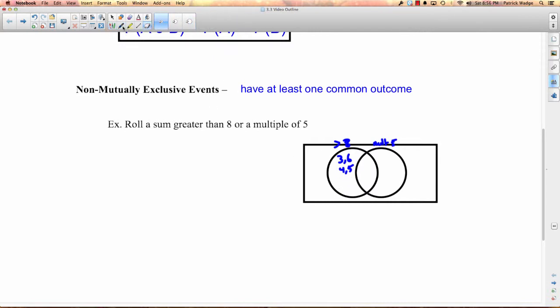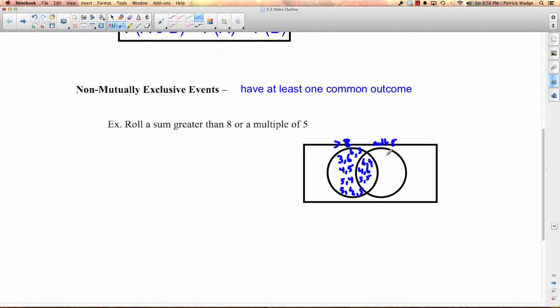So I'll put that in here, the 4 and the 6. Okay, 5 and 4 will work. 5 and 5 will work. So that has to go in the middle part here, 5 and 5. 5 and 6 will work. 6 and 4 will work, and that's also a multiple of 5. 6 and 3 will work. I don't know why I didn't do that one first. And 6 and 5 will work.